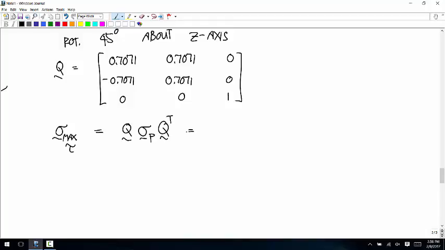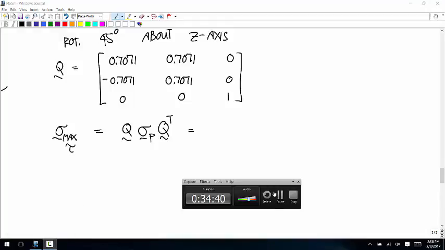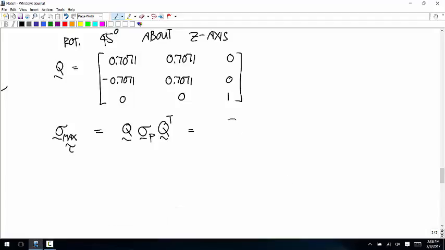And if you do that, can someone do that? Anybody have it programmed? Okay, negative 1, negative 4, 0, 0, 0, 0, right. So this is a stress tensor where the maximum shear in absolute value is 4 megapascals.